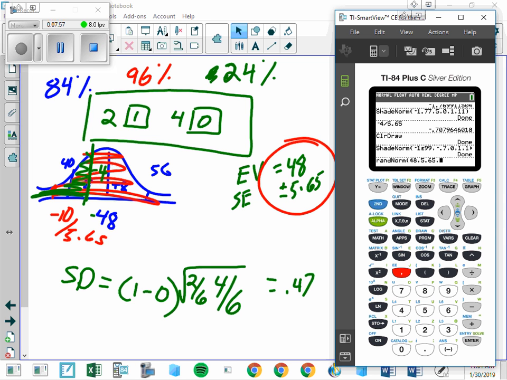So I want to play this game, according to the worksheet, 40 times. And I want to store that in L1. So I push store, and then second 1 is L1, and then I hit enter, and I get a whole bunch of games of 144 rolls. So if I go into stat, I can look at these. Now, this is a little bit of a lie.